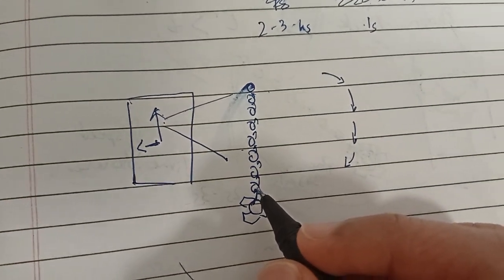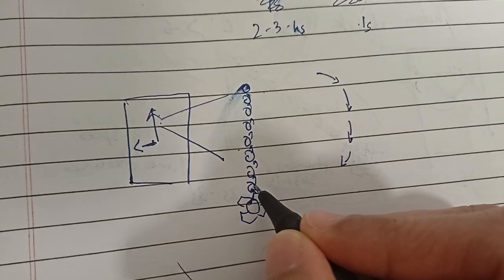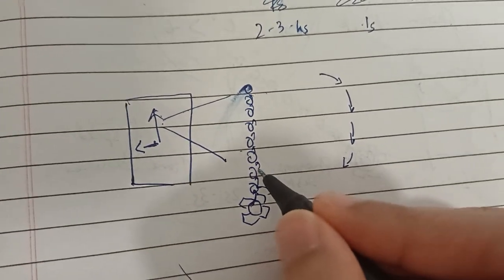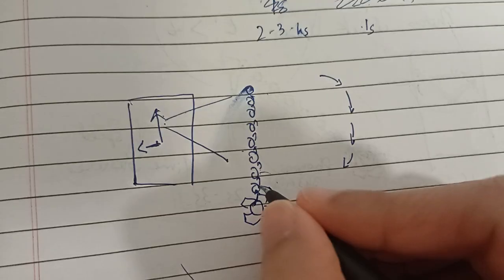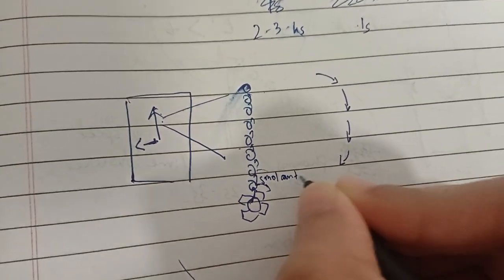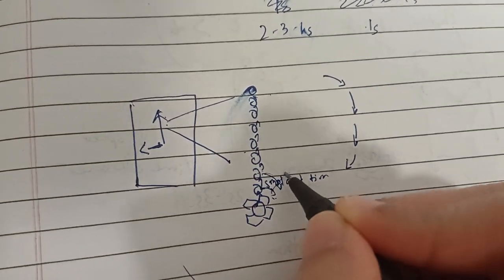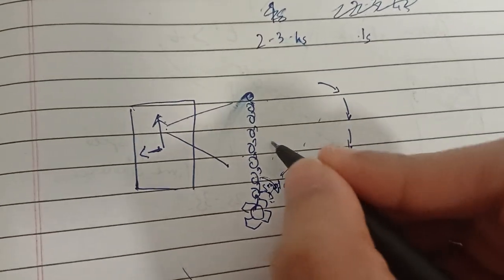So when this molecule, atom, whatever, moves, this won't instantaneously follow with it. It will take some small amount of time to move to the same position so that it becomes a diagonal, and this time keeps on increasing.